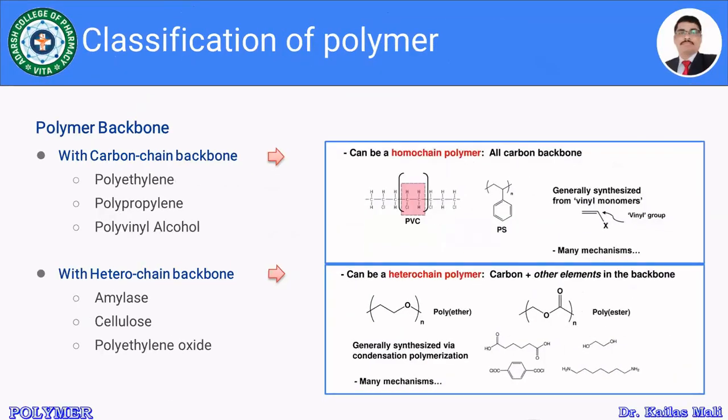Let us move towards the classification of polymers according to polymer backbone. According to polymer backbone, polymers can be classified into those with a carbon chain backbone and those with a hetero chain backbone.